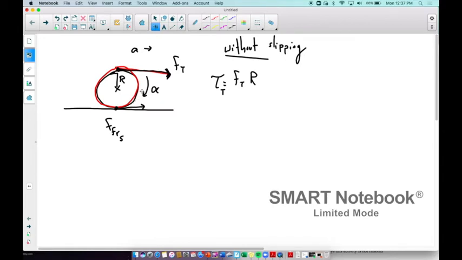I know that this thing is rotating clockwise, and so right here, truly, in which direction is there a tendency for this point to move relative to the surface? Because it's rotating like this, there's a tendency for this point right here to be moving to the left over the surface.